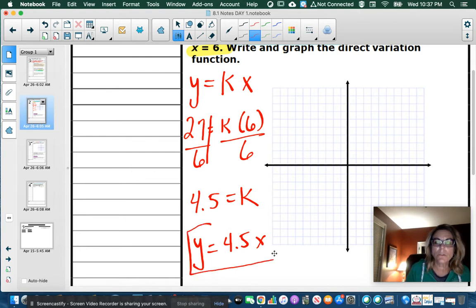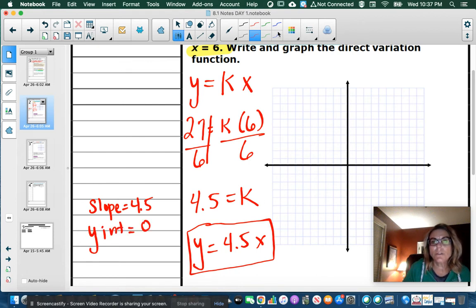Now we're going to have to graph this, but first I'm going to put a box around that. In this case, our slope is 4.5, and our y-intercept, like we said, is 0. So we start at 0, 0. Basically, we're going to go up 4.5 and over 1.